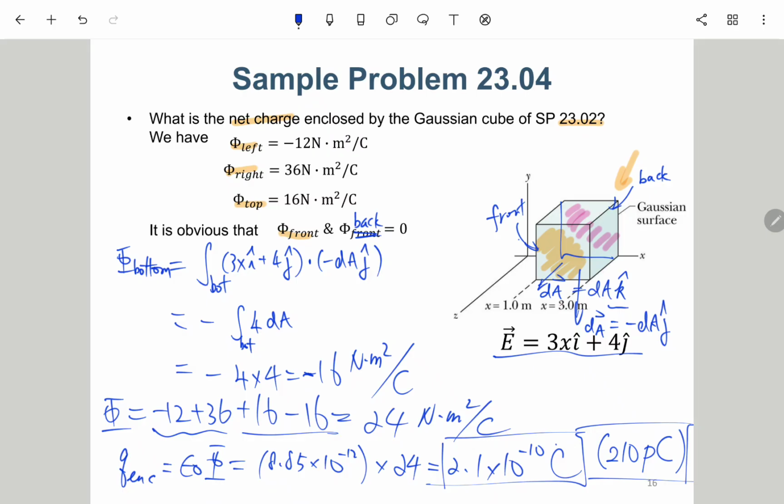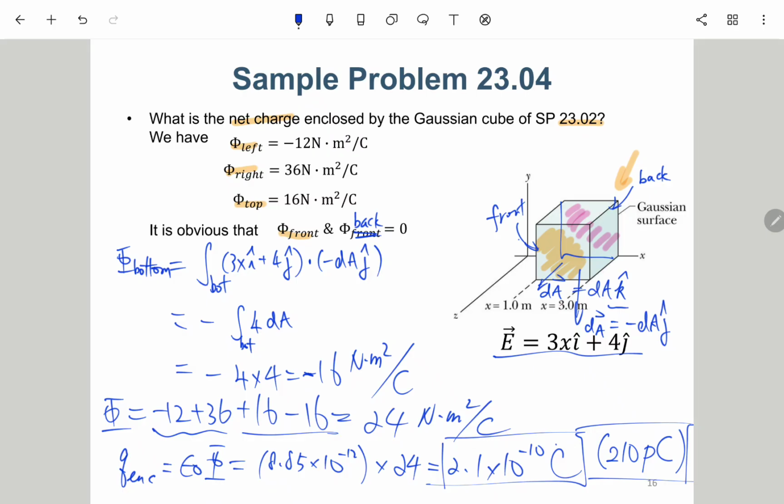This sample problem tells you that the Q enclosed is 210 picocoulomb, but you have no idea how the charge is distributed inside the cube. You only know the total amount of charge inside.